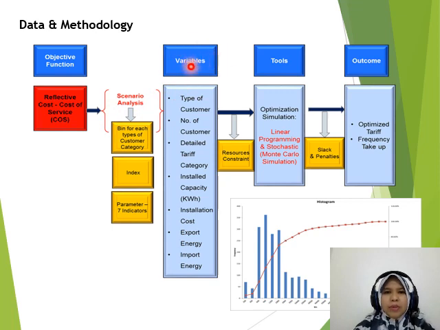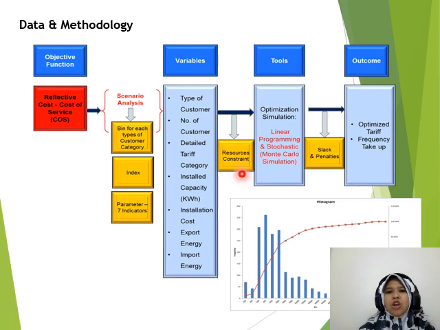The variables here are 7 indicator parameters: the type of customer, number of customers, detailed tariff category, installed capacity, installation cost, export energy, and of course the import energy. The tools we are using are optimization simulation using linear programming and stochastic Monte Carlo simulation.